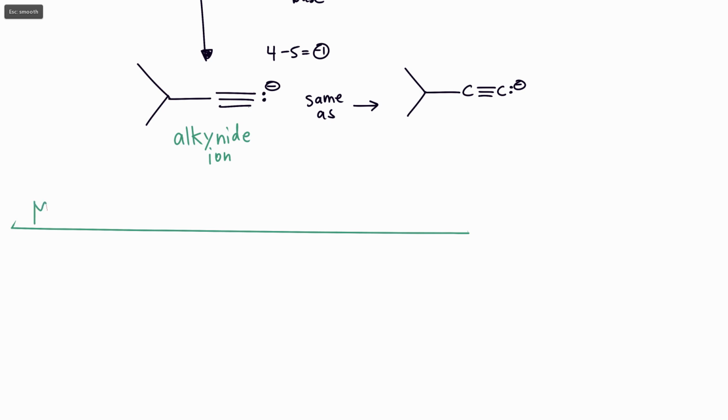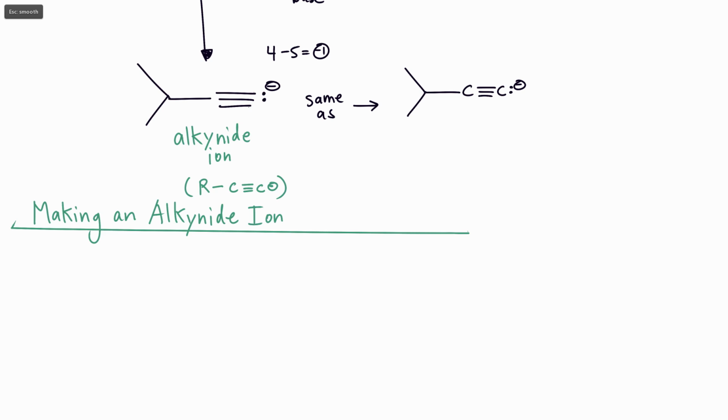So, making an alkynide ion, and that alkynide ion is going to be RC triple bond C minus.